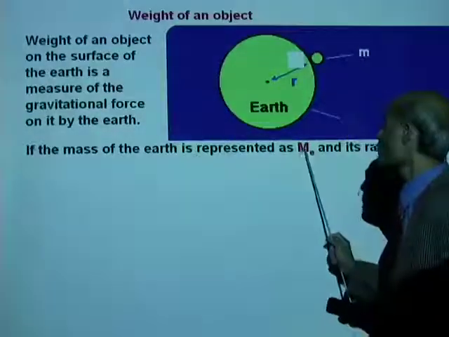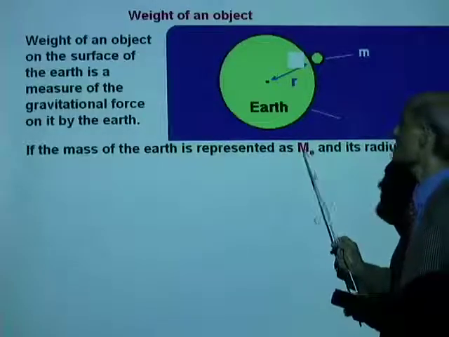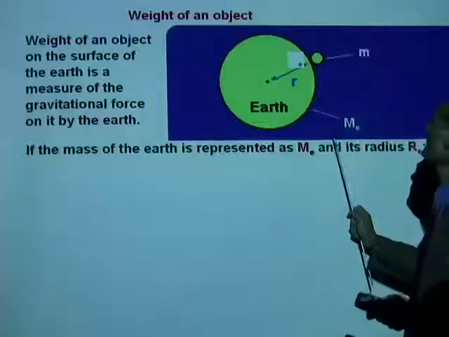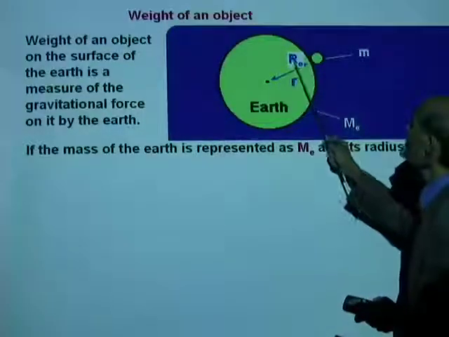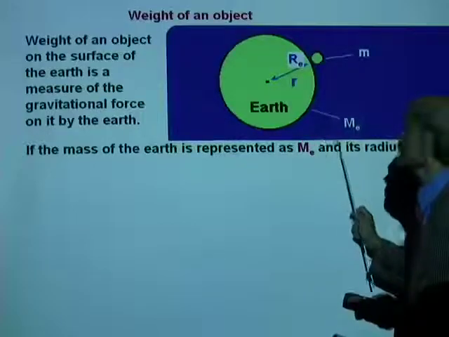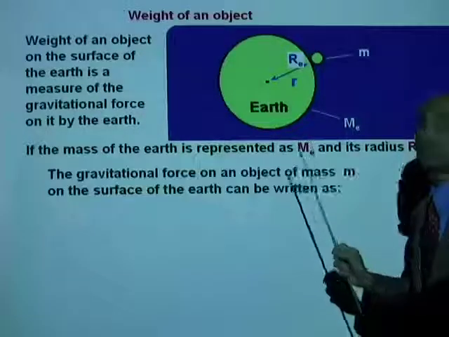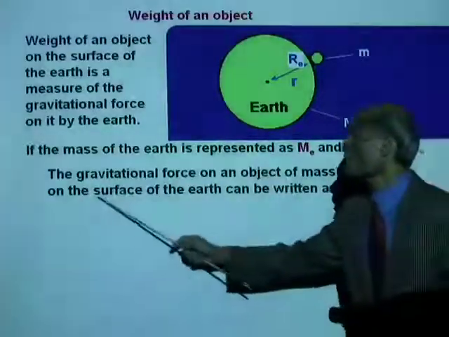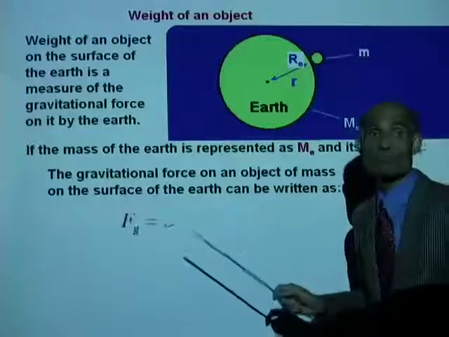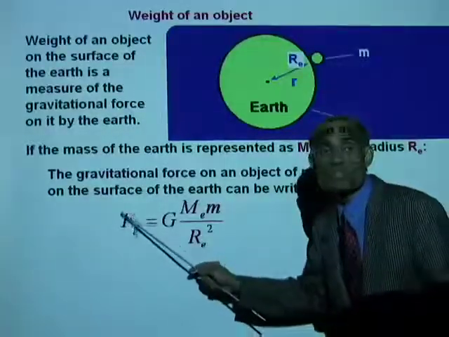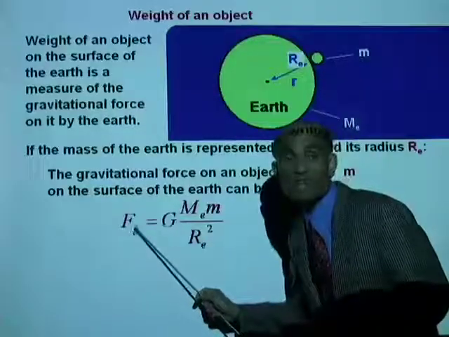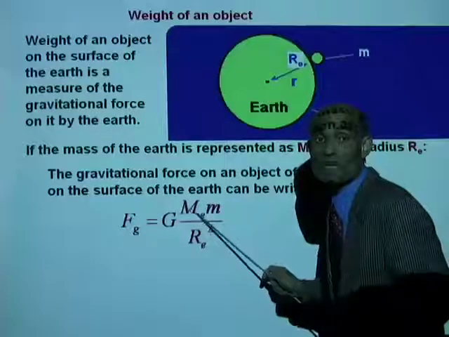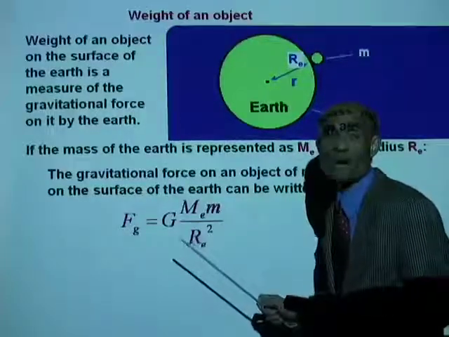If the mass of the earth is represented by m sub e, and its radius is r sub e, the gravitational force on an object of mass m on the surface of the Earth can be written as Fg. What does Fg stand for? Gravitational force on this object is G times m e times m over r e squared.